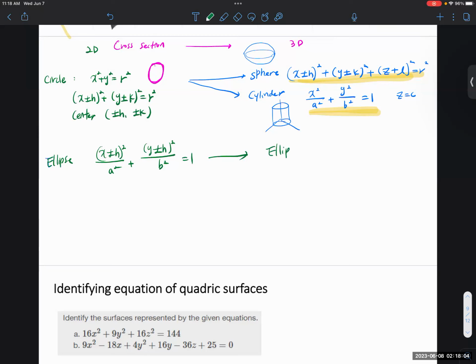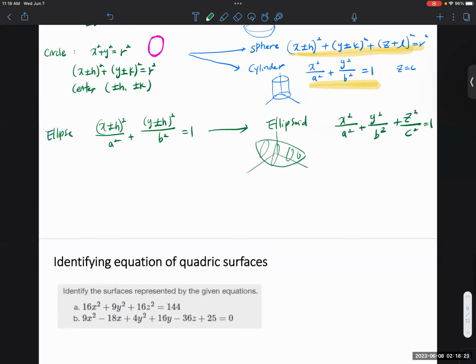We call this an ellipsoid in three dimensions: x squared, y squared, and we have a z. So this is the equation of the ellipsoid in 3D. The ellipsoid is something like this, right? So this is the ellipsoid equation you can think about.